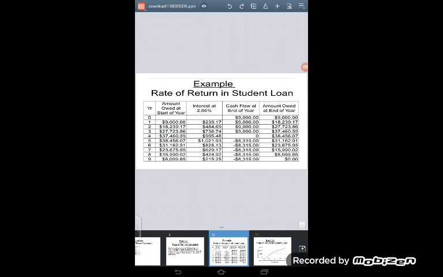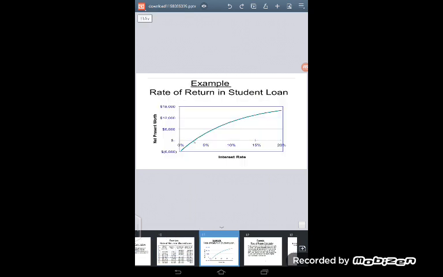It's the tabulated form, so we can pass by this one. It shows the rate of return in the student loan. It starts with a minus, then increases by some percent, and in the graphical way, where it reaches 0 at this point is our interest rate. This is the graphical way, we don't need to know it, it's just the Excel side.